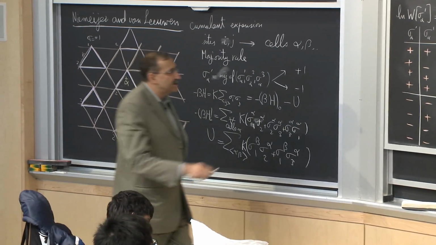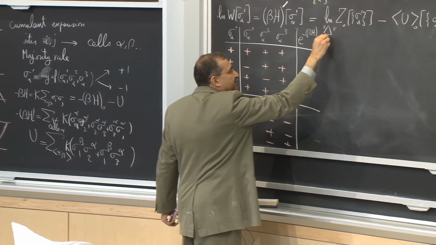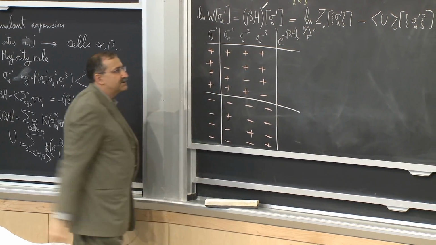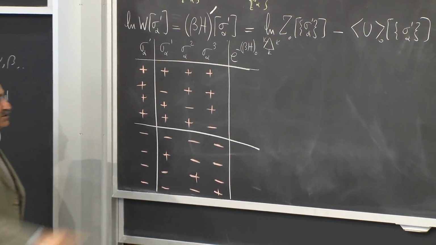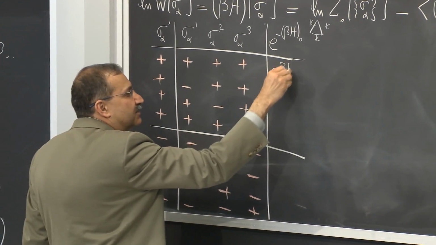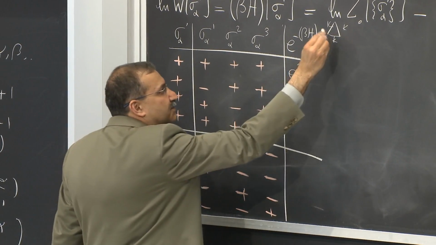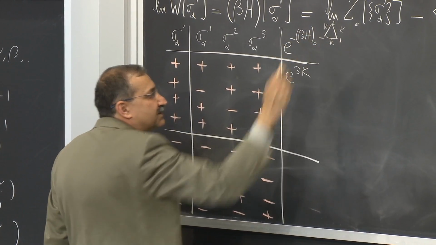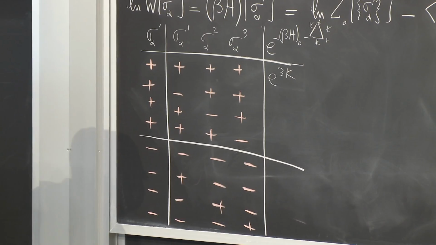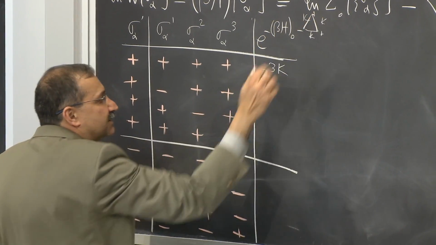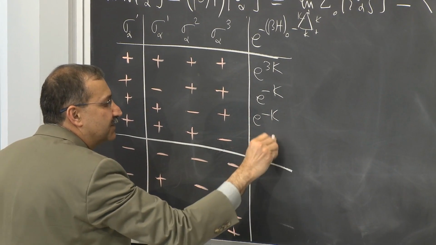Basically, I have a triplet of spins that are coupled by interaction k. In this case, all 3 are positive, so I have 3 e to the k factors, so I will get e to the 3k. Whereas if one of them becomes minus and 2 remain plus, you can see that there are 2 unhappy misaligned configurations. So I will get minus k plus k. I will get e to the minus k. It doesn't matter which one of these 3 it is.